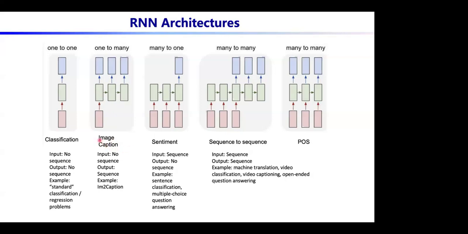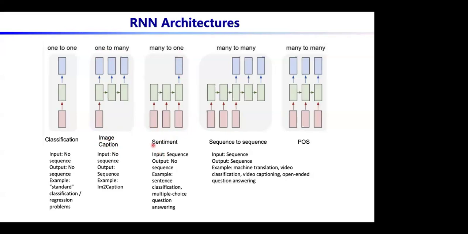In image captioning, we have one image as input, but we have many words as the caption as the output. Each word is represented by one unit.